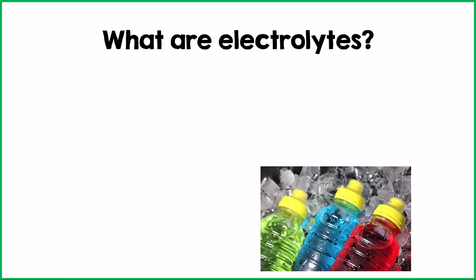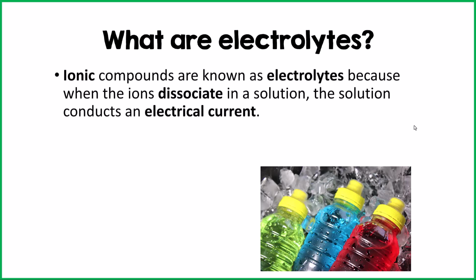What are electrolytes? This is probably a term that you've heard before in your everyday life. Ionic compounds are known as electrolytes because when the ions dissociate in a solution, the solution conducts an electrical current. So these are basically solutions of ionic compounds that have already dissolved and the ions have dissociated.